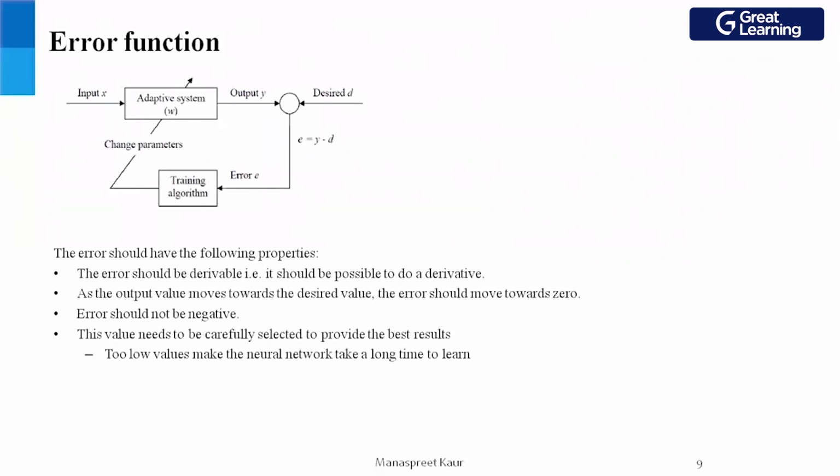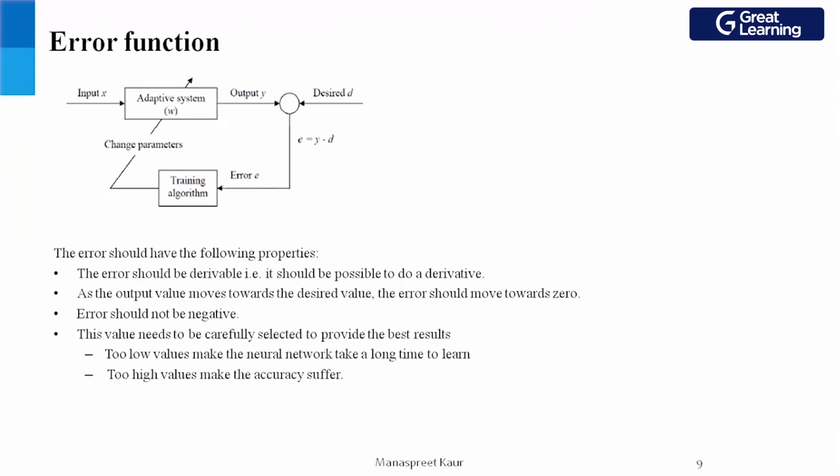And then we need to consider the error value. Sorry, we're not choosing the error value actually, but too low or too high values for the error actually impact how the neural network works.